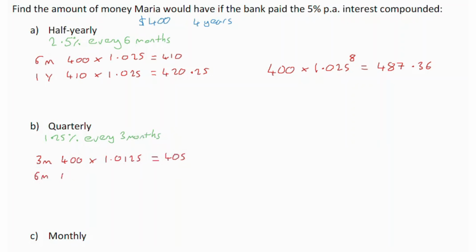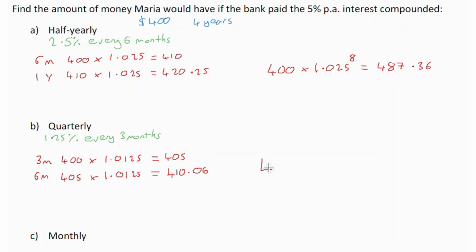After 6 months, that 405 is increased by 1.25%, and we have 410.06. Notice a little bit more than we had in this case, and it keeps going along that route.